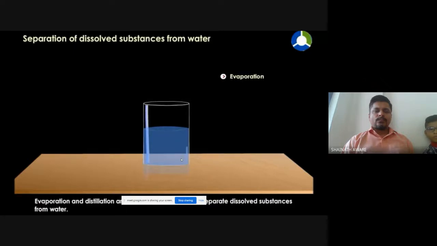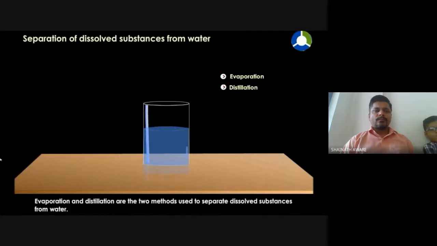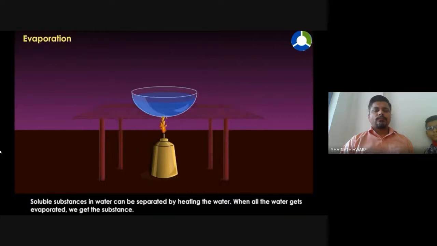Evaporation and distillation are the two methods used to separate dissolved substances from water. Evaporation. Soluble substances in water can be separated by heating the water.